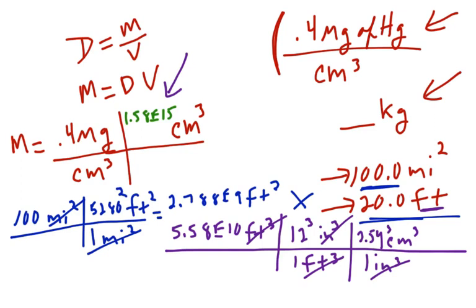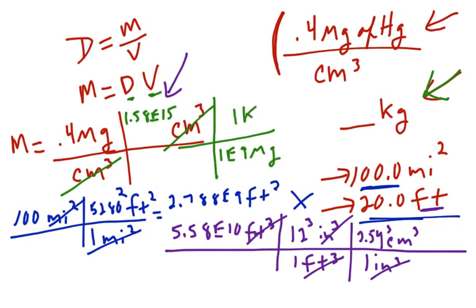Okay, so there's my volume. Finally found my volume of the lake in centimeters cubed, and I could take that times the density of the polluted lake, 0.4 micrograms of mercury in every single cubic centimeter. And when I multiply the density times the volume, I should get a mass, and you'll see my units actually cancel out, and I have a mass unit of micrograms. Now, what I want, though, is kilograms, so I can just attach another dimensional analysis problem right here onto my math problem. If you remember from the other day, there are 1 billion, 1E9 micrograms in 1 kilogram.